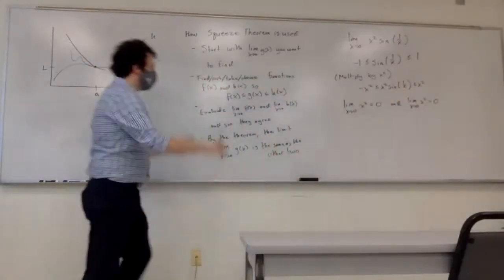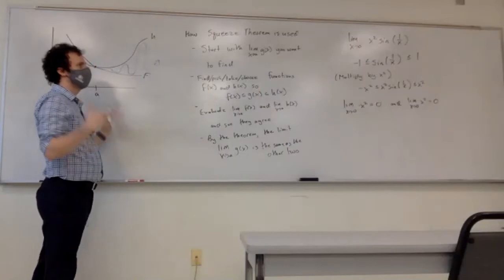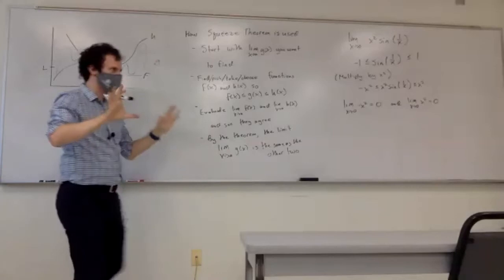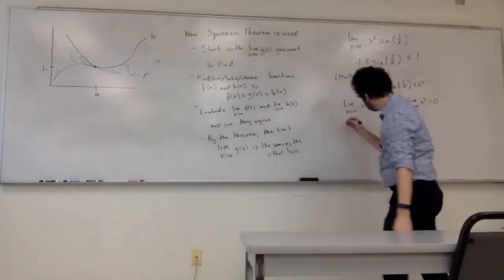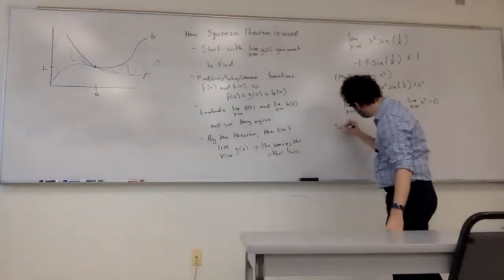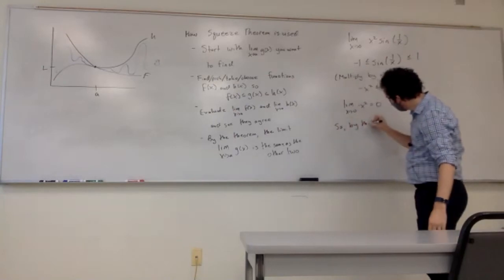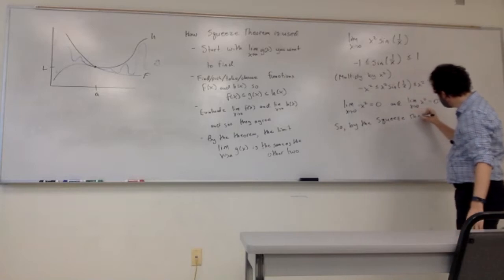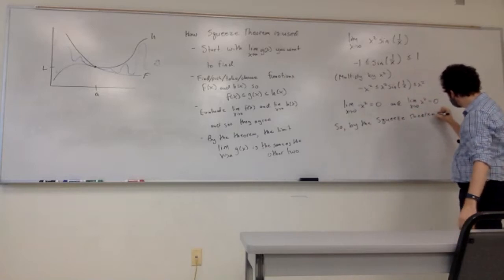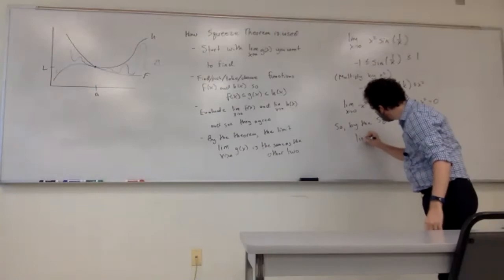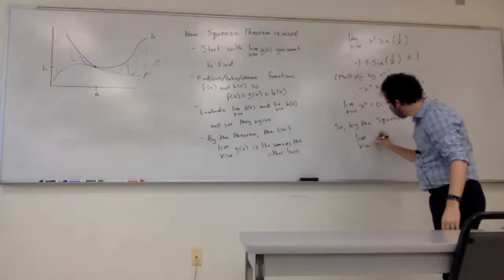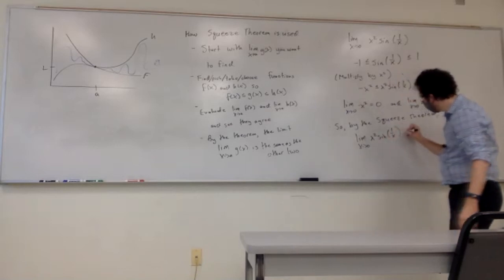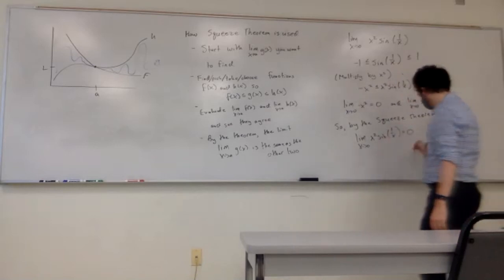limit. So the way that we end this is a real English sentence with punctuation and grammar. So this would be something like, so by the squeeze theorem, the limit as x goes to 0 of x squared sine of 1 over x equals 0.